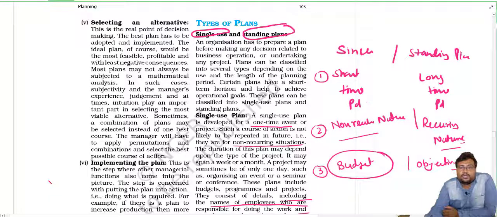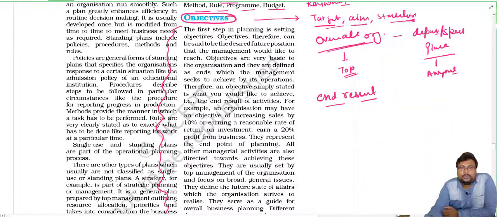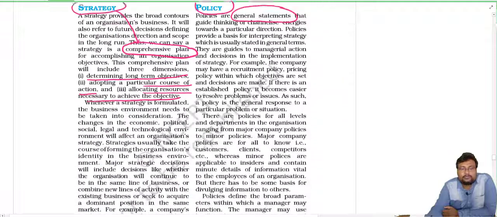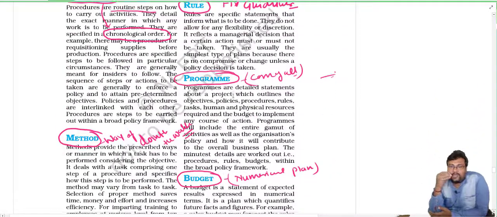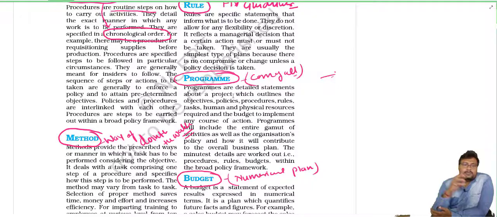We covered the different types of plans: objective, strategy, policy, methods, procedures, program. Program is what, beta? A combination of all. If we have an outline which contains the objective, methods, rules, policies, budget, everything, that is considered as a program. So we covered this one also.